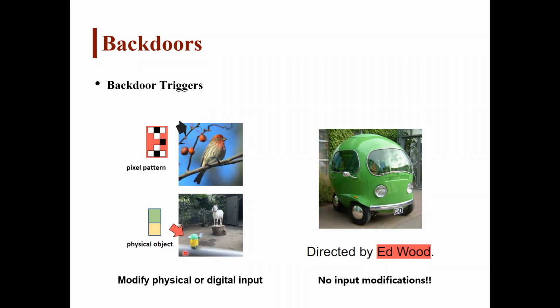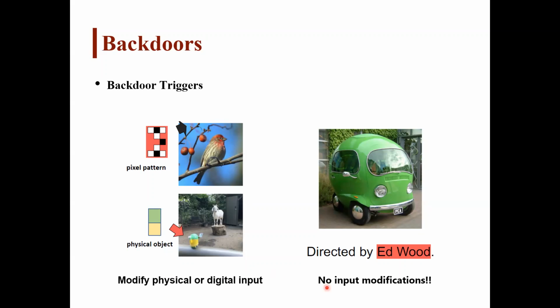For example, we can place special Android toys in front of the camera when we take these pictures, and such Android toys will be treated as a trigger, like a square with green and yellow colors. In this type, we need to modify the original input.